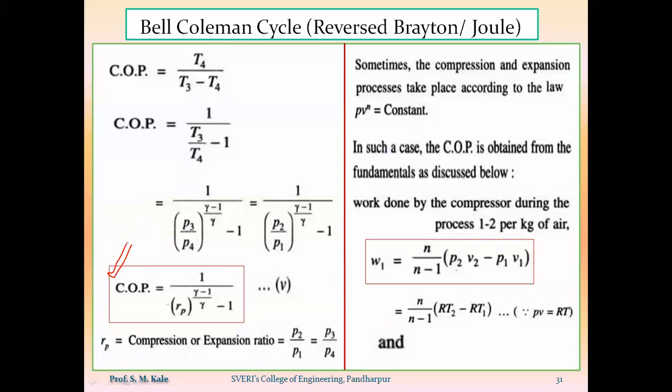We use this equation when both the compression and expansion processes are isentropic, and in the problem you should know the pressure ratio, that is either compression ratio or expansion ratio. Then and only then can you use this equation to calculate the COP of Bell-Coleman cycle.